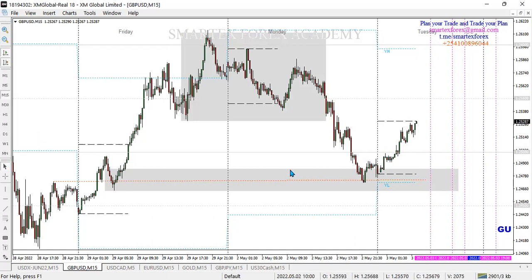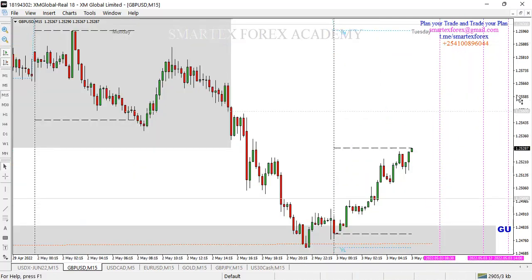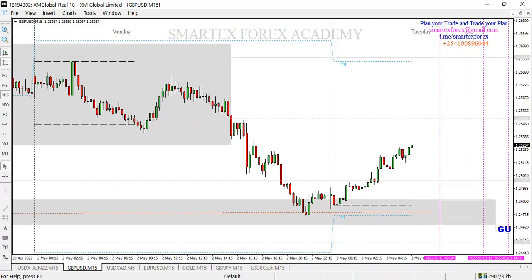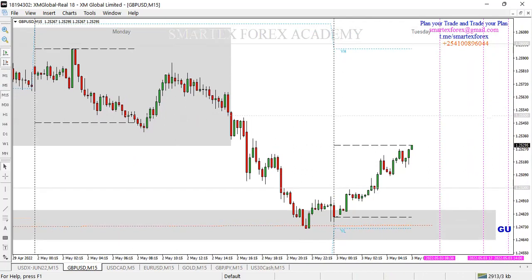So today I'll be looking at the lower time frame, that is M15, to look for a setup to enter long. Actually, I'll be long on this.